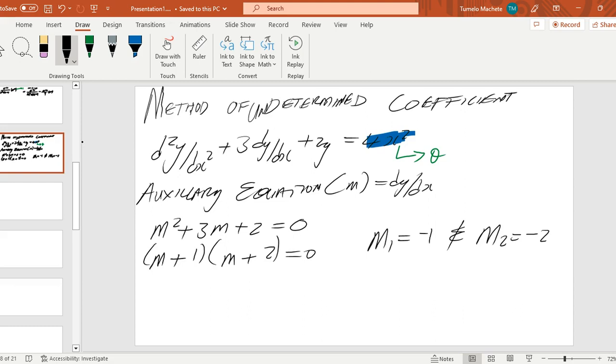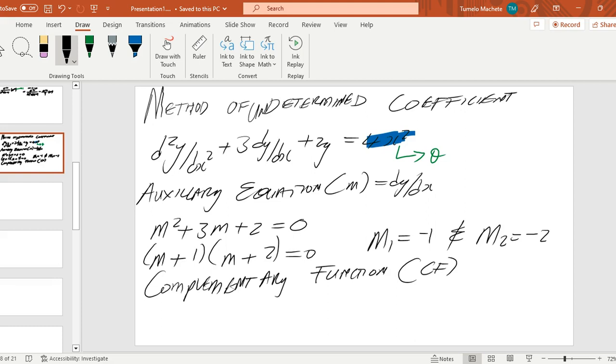This auxiliary equation, or these roots rather, will help us find the complementary function, and the abbreviation for this is CF.